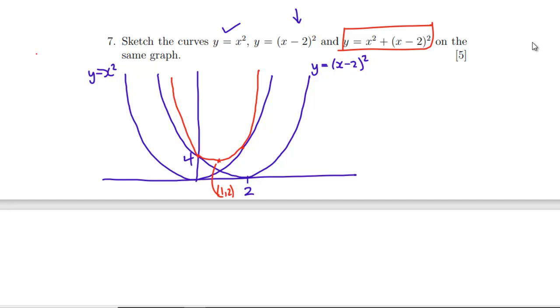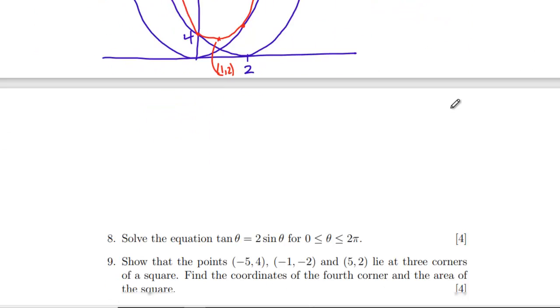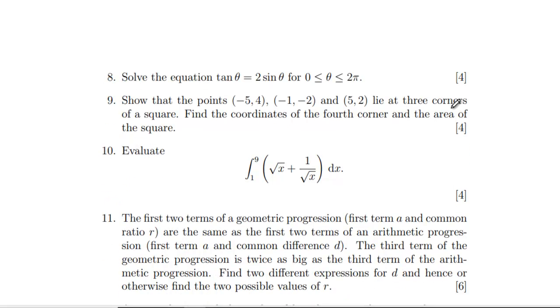It can't go below either of them. It's touching this one at this point, and it's touching this one at this point, and then staying above it all the way through, because we're just adding up positive numbers. So as sketching ones go, that one is nice for 5 marks. I've seen some horrible ones compared to that.